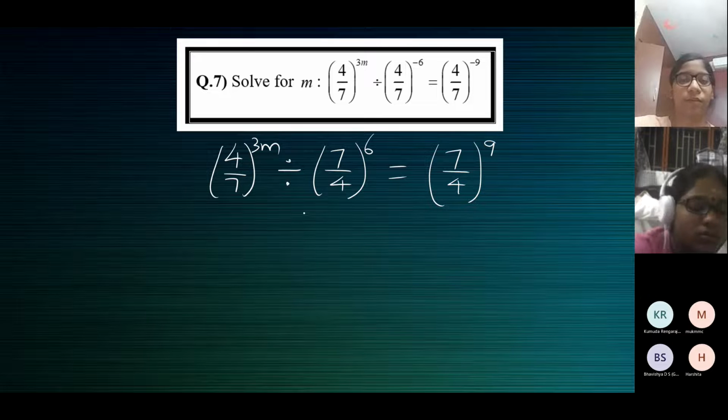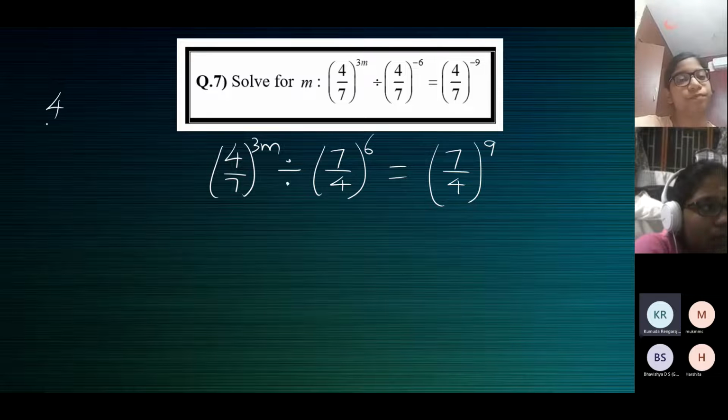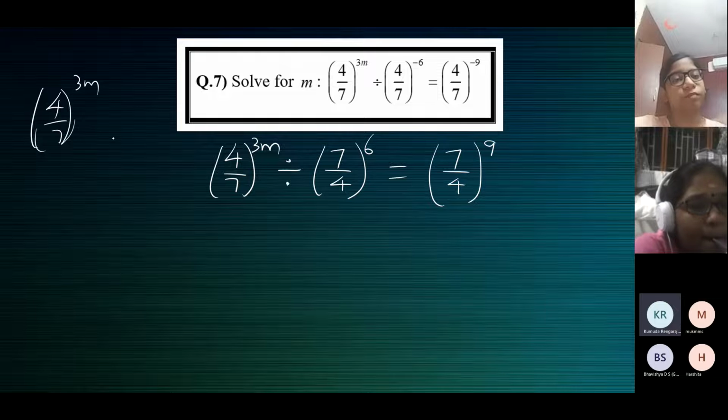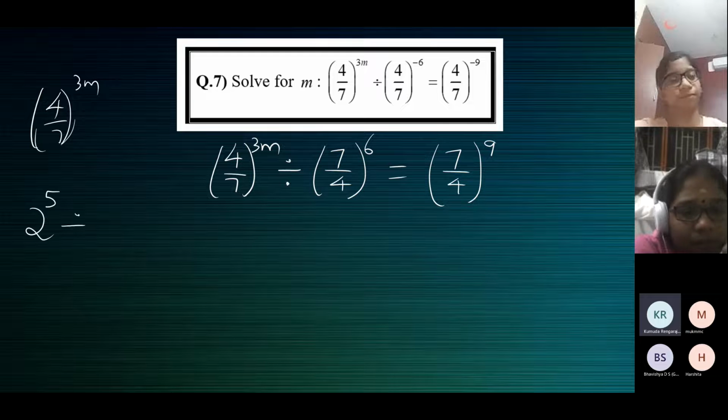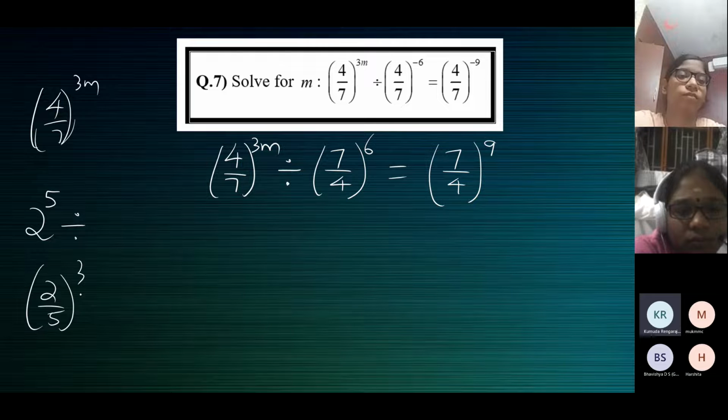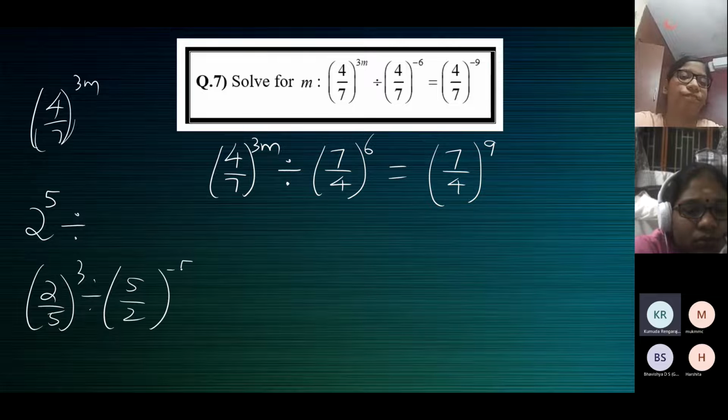So we can cancel. No, but see, when 4/7 is raised to a power, it is not free to be cancelled. Supposing I take 2/5, the whole power 3, divided by 5/2, the whole power minus 5.